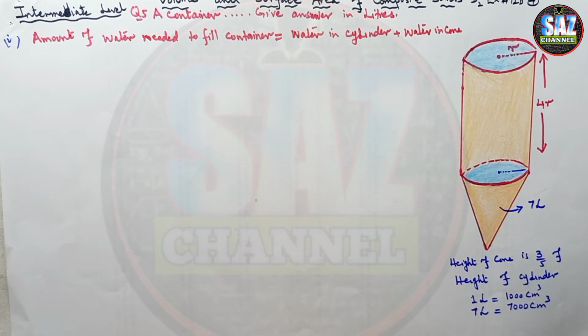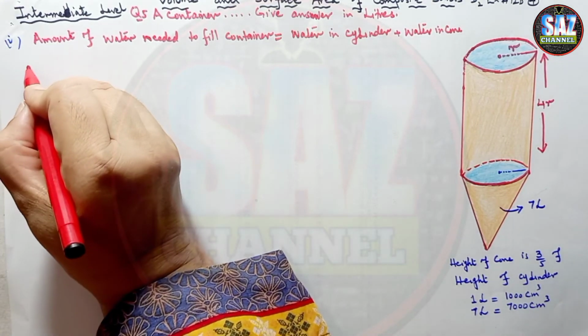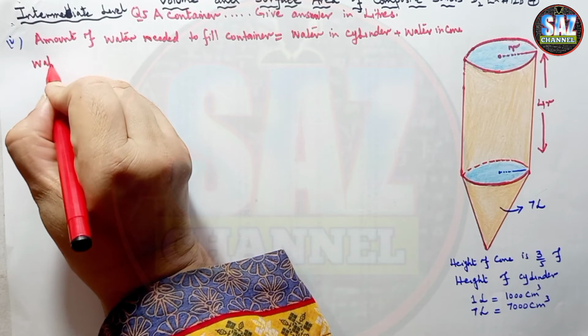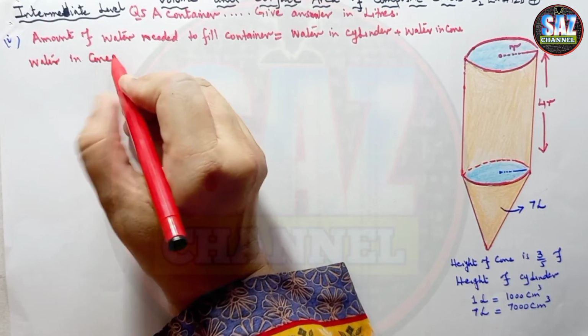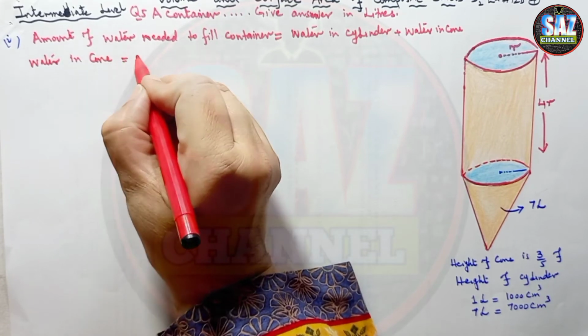Now we have to find how much water we need for the cylindrical portion. So let's think about that. First of all, I'll start with the information that the water in the cone, or conical part, is 7 liters.